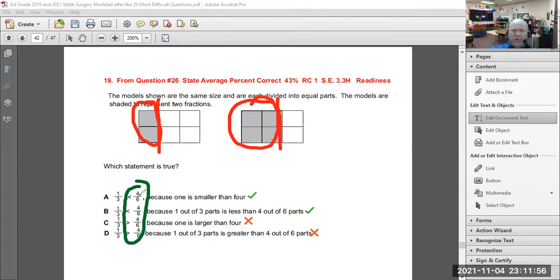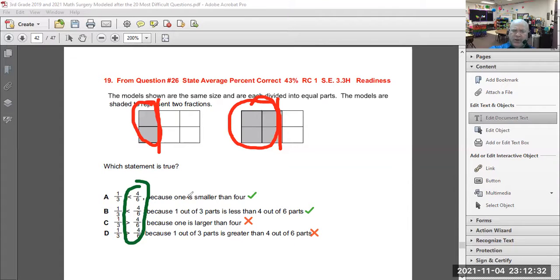But when you understand the concept of equivalent fractions, you would understand that 2 out of 3 is the same as 4 out of 6 because you're looking at the groups in comparison to the individual pieces. So we think that this one is correct for the less than because 1/3.